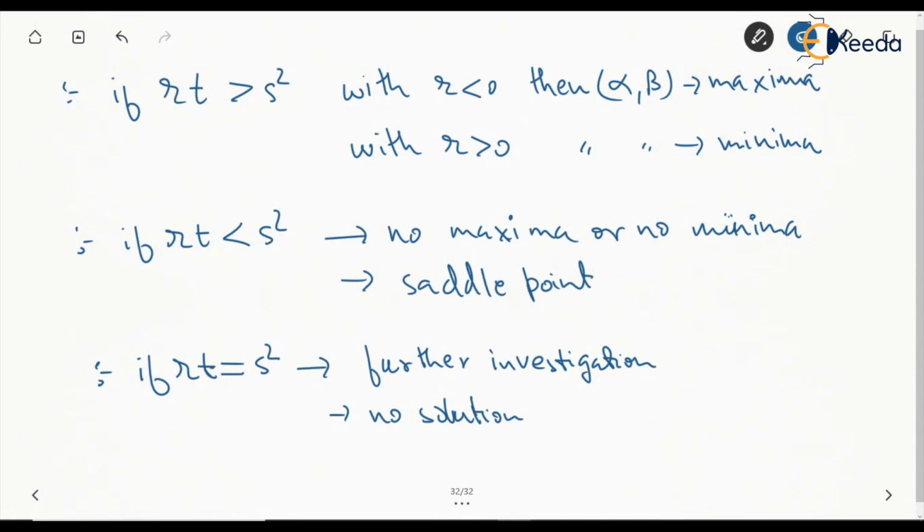So in case this r into t becomes equal to s square, we can either choose further investigation or no solution. So this will be about the implicit functions, and of course we'll see examples on this.